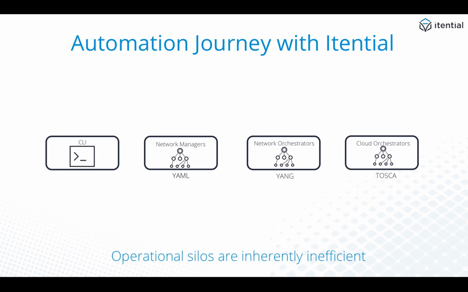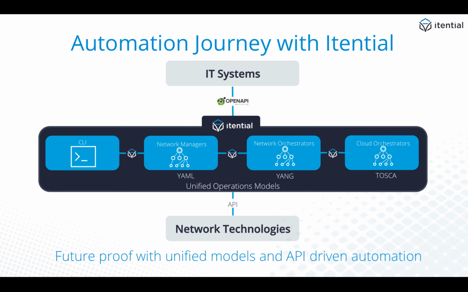We see the prevalence of multiple strategies as well as vendors participating in the ecosystem. And from an Itential standpoint, the most important is that we want to use the right tool for the right job, and we also want to provide an abstracted automation concept so that you can use the tool of your choice for the use case of your choice.